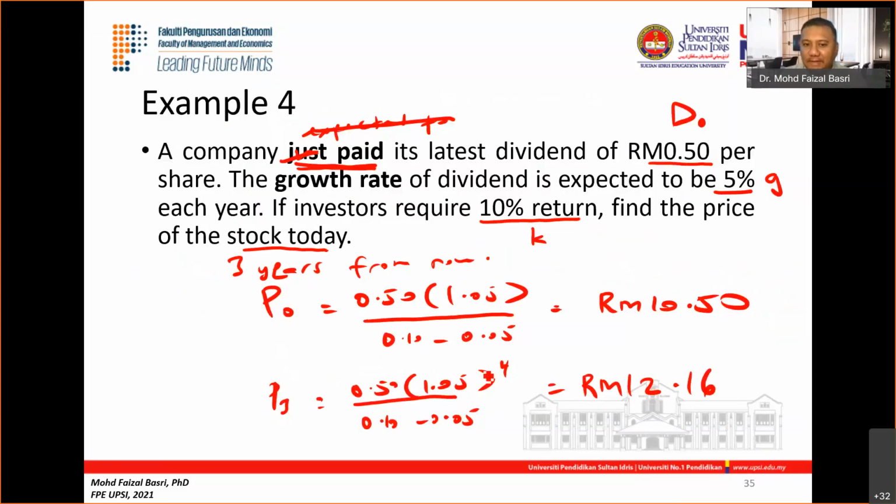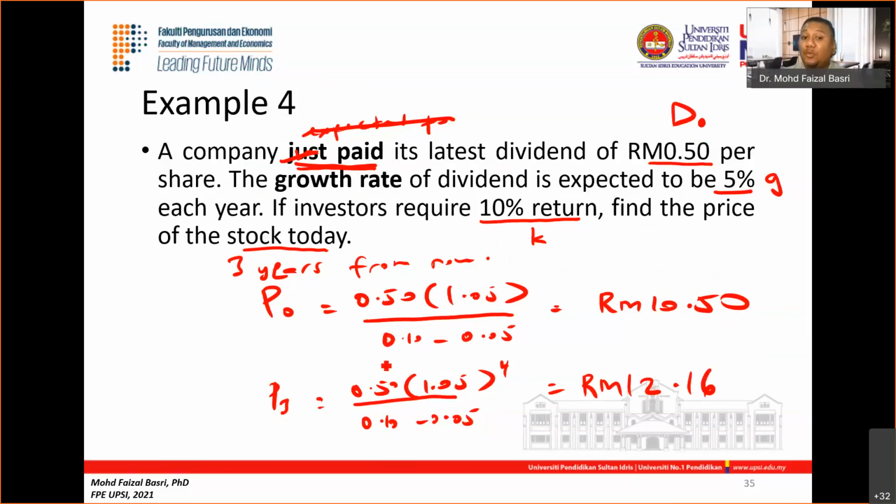And again, I recap, to find the value for that particular year, we just power the 1 plus G part with the year. So if you want to find P5, for example, P5 is D6, so therefore it will be 1.05 to the power of 6 times 50 cents, the current dividend. And this rule is applicable for D1 as well.